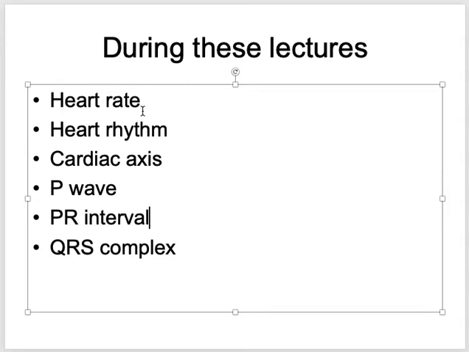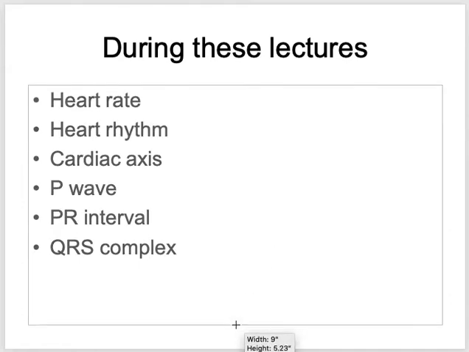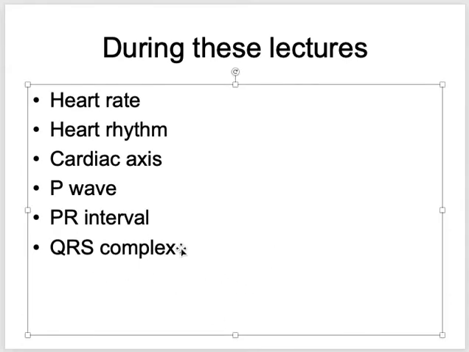And I told you what is the normality in this one and what is the abnormality in these patients. Then we talk about the QRS complex. I told you what is narrow, what is wide, how long it would be normally, and what are pathological Q waves.